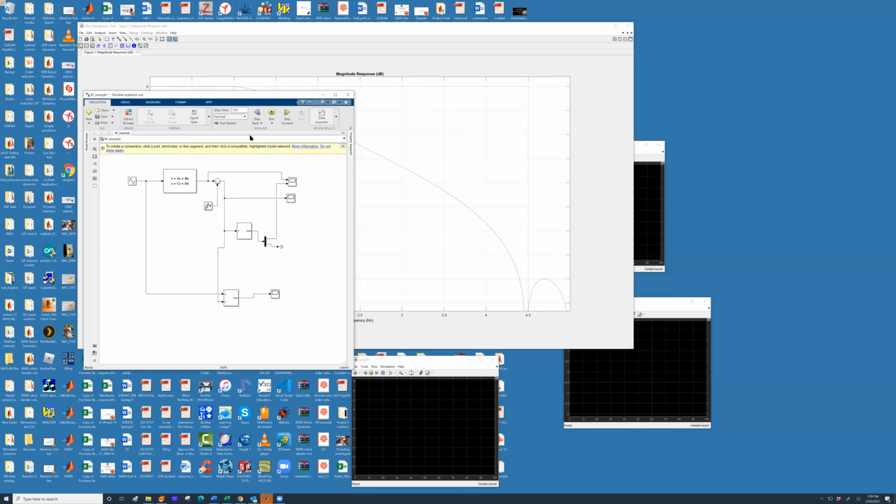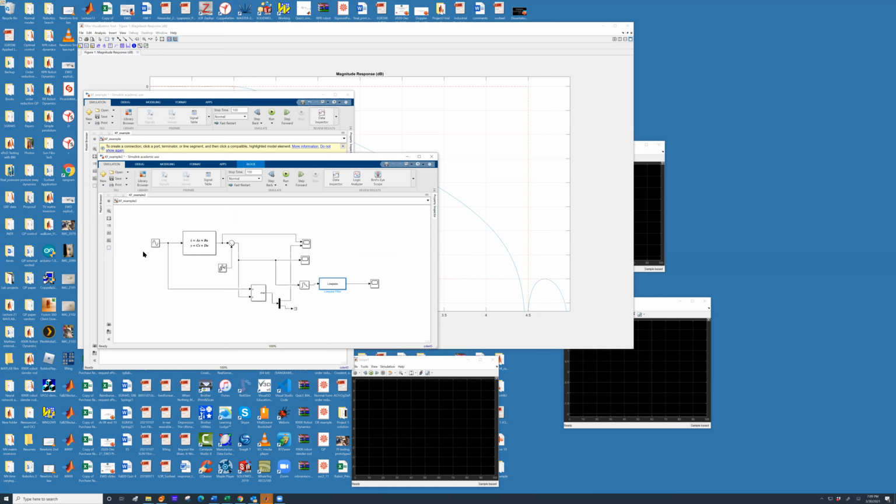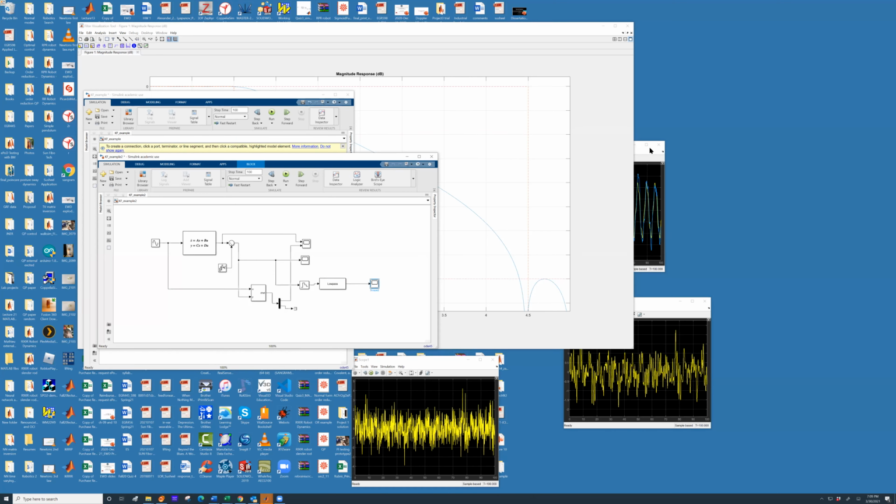Now what you can do is you can run this Simulink script and then observe the response.